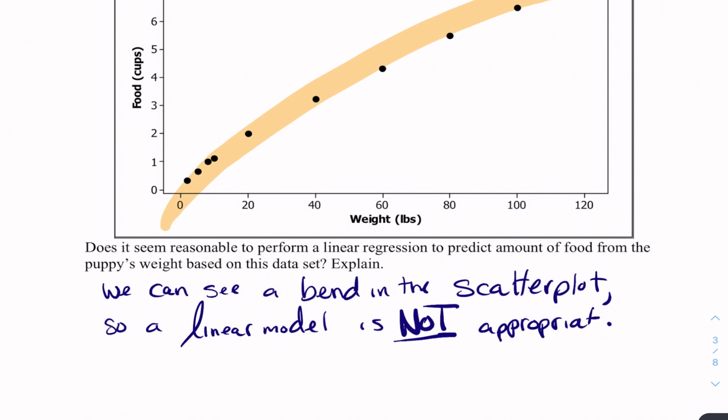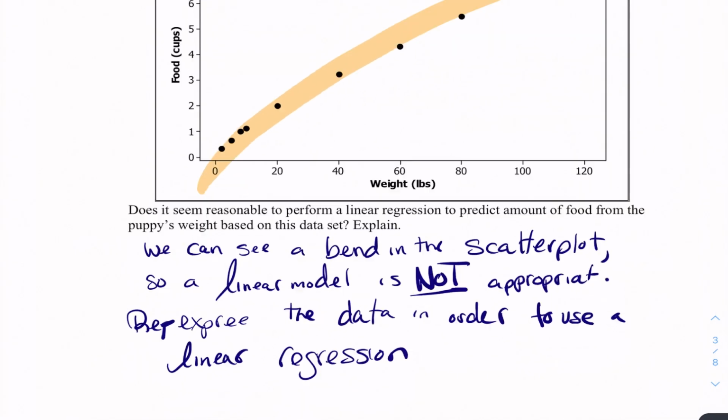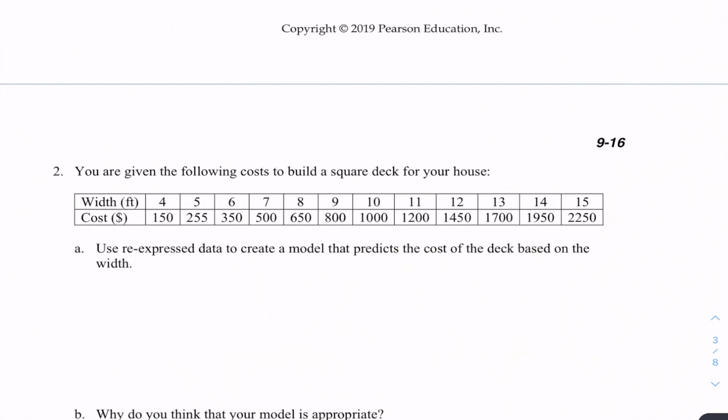We're more likely going to re-express the data in order to use a linear regression. So we're going to need to use that linear model to see that bend, to straighten that curve out.